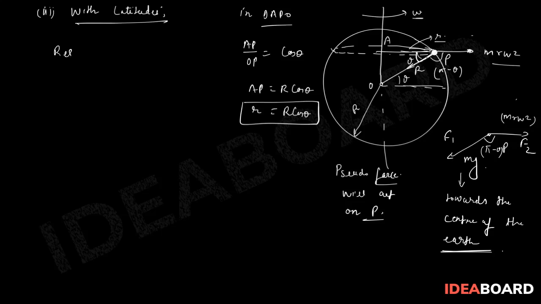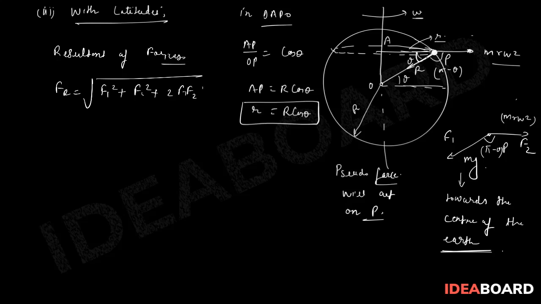So resultant of forces Fr will be given as under root of F1 square plus F2 square plus 2 F1 F2 cos phi. So here this phi angle is how much? Which is pi minus theta. F1 is mg and F2 is m r omega square.